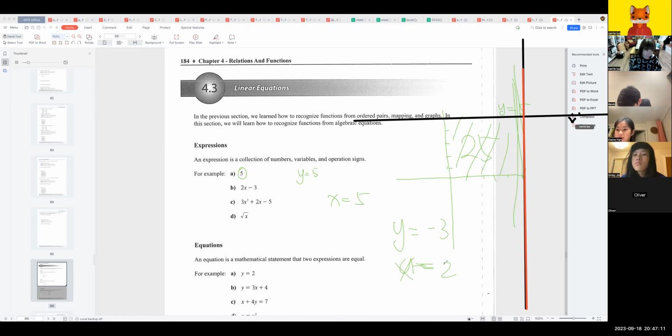Okay, so everybody, please tell me the area of y equals -3, x equals 2. Right now, tell me how to do it. The area between the x-axis, y-axis, and y equals -3 and x equals 2.